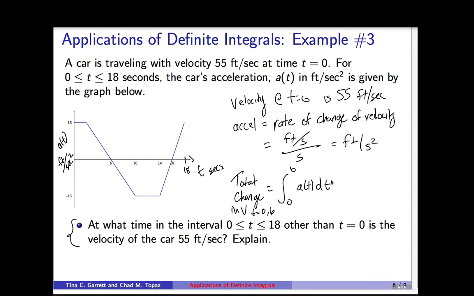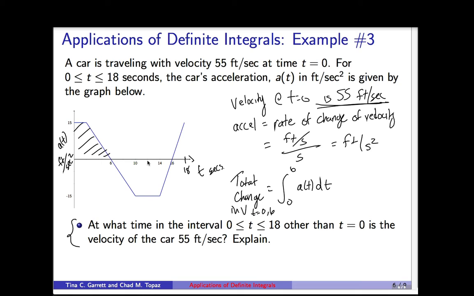If you think about what's going on in this picture, we know that the car starts out traveling 55 feet per second, and for this entire time the car is speeding up, it's got positive acceleration. So you're adding some total change. What's the total change? You'd have to compute that area, and we've actually done that in a previous lecture section.